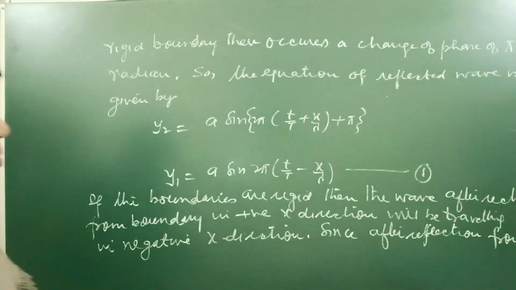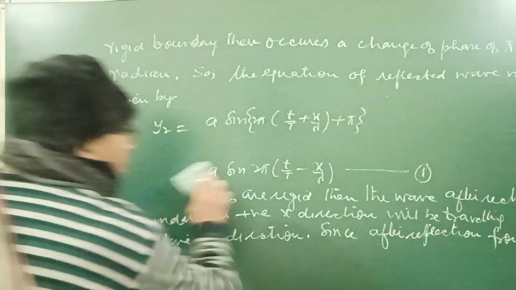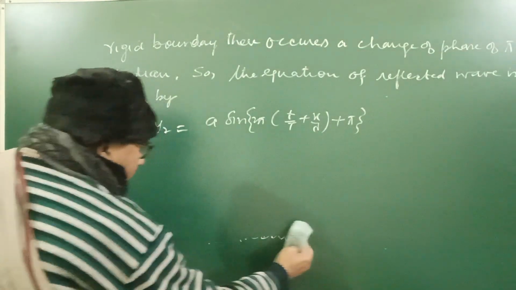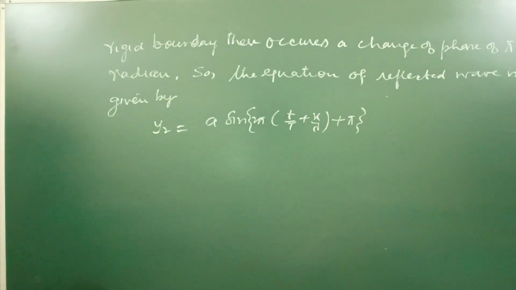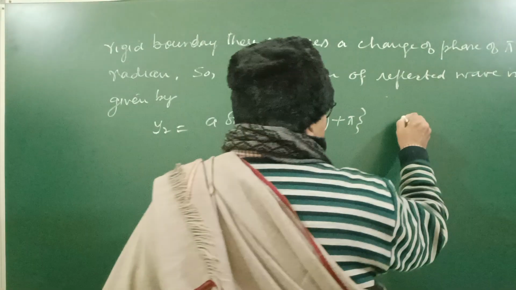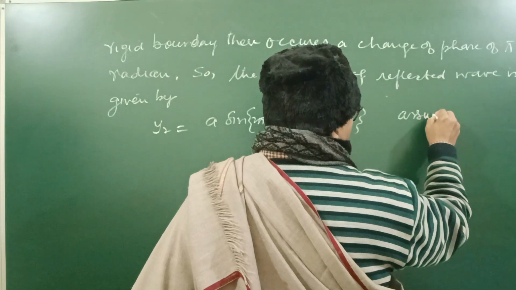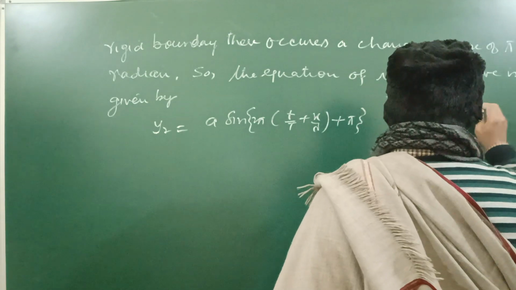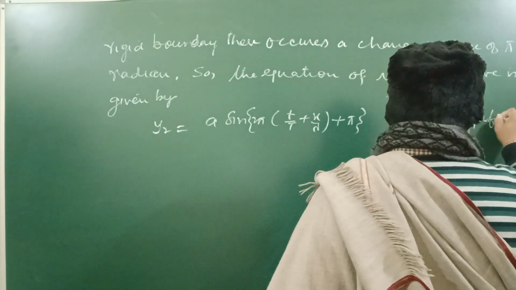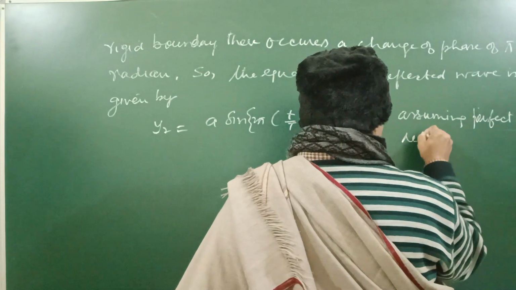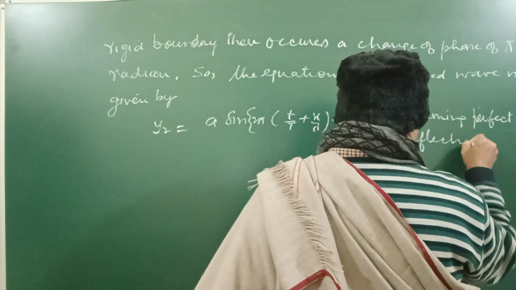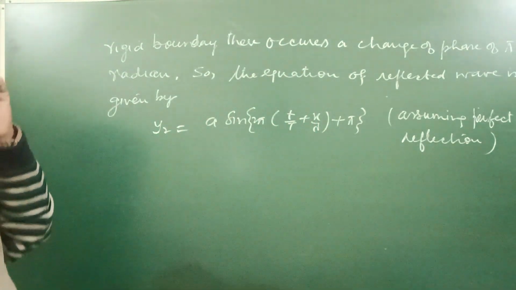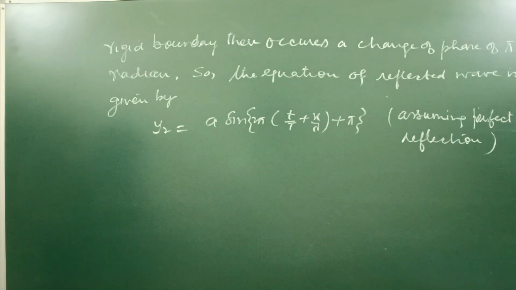And here we have assumed that there occurs no loss of energy, and hence the amplitude remains as such. Here we are assuming perfect reflection, meaning whatsoever energy is carried by the wave, the same returns back.